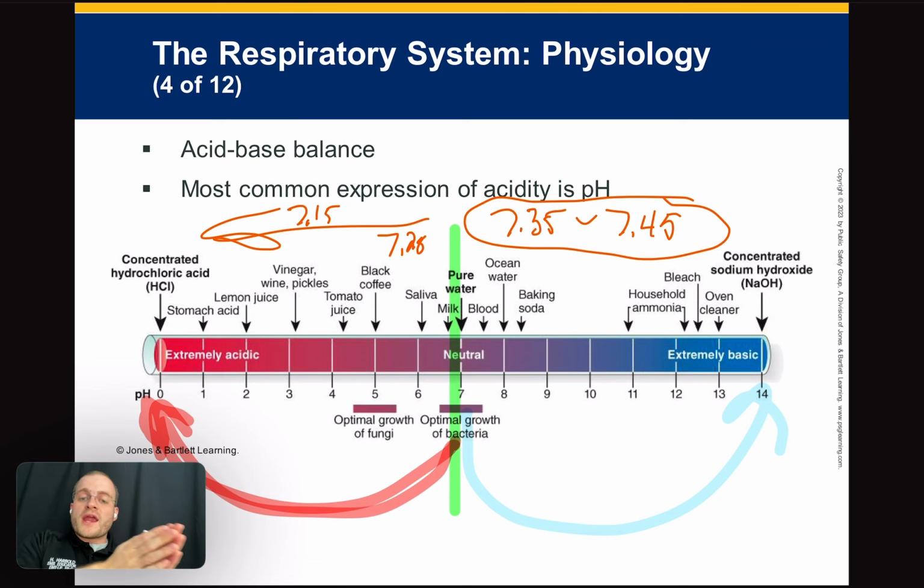The brain, the respiratory system, and the kidneys work really tightly to keep the pH of the blood intact, because if it gets too low too quick, the patient will die. Invariably, they're going to die. There's a lot of reasons why. But just know that you can't have a pH of 6. It just doesn't happen. You might get a pH of 7 if you go into cardiac arrest and we check it, but it's not looking good.